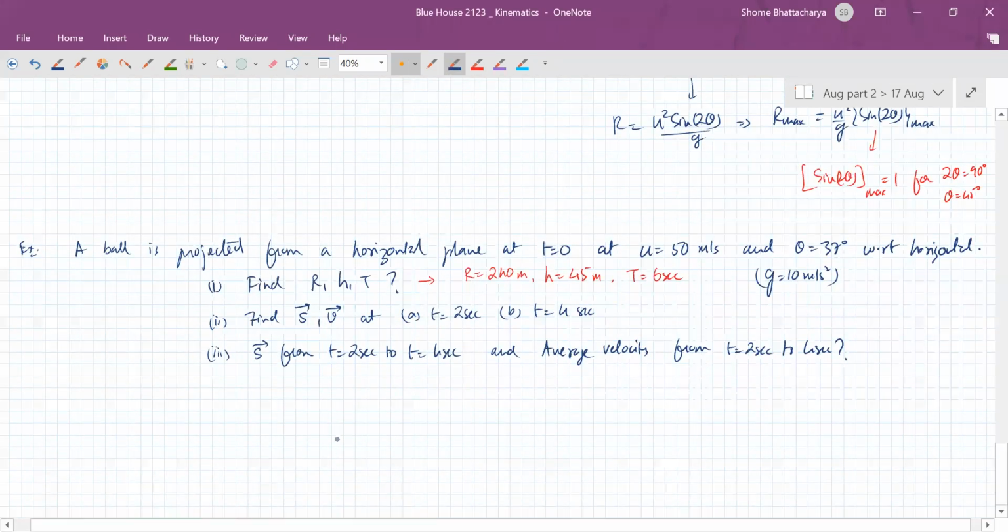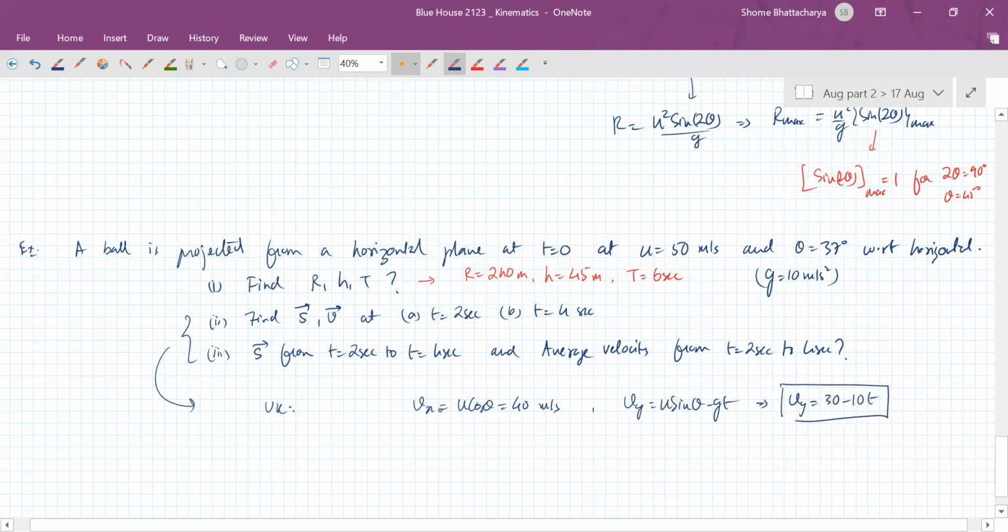So for the second and third part, use these equations. Vx is going to be u cos theta, so that is 40. And Vy is u sin theta minus gt. So Vy as a function of time is 30 minus 10t.